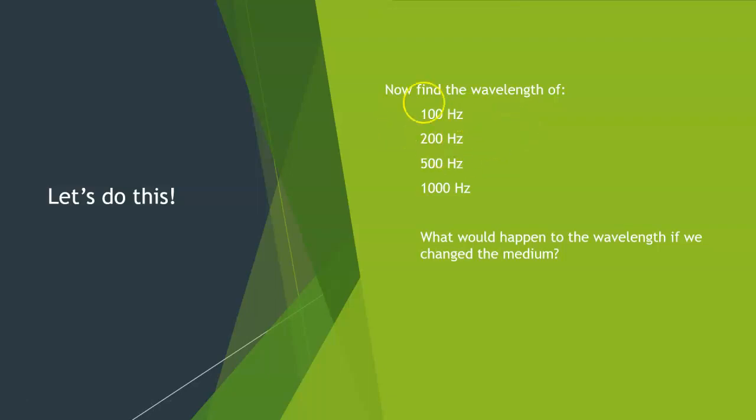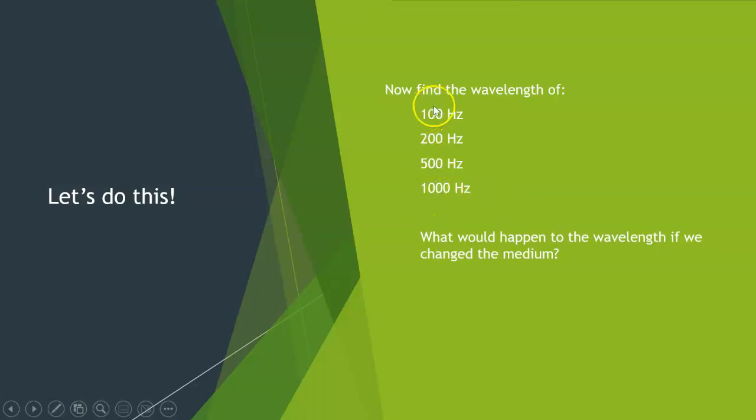And you can feel free to use one measure over the other, or you can even use both. And I want you to note what happens to the wavelength as our frequencies get higher. So this is a lower frequency, this is a little bit higher, and even higher yet.